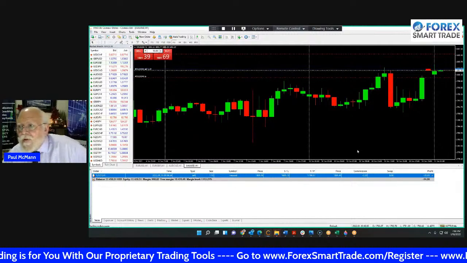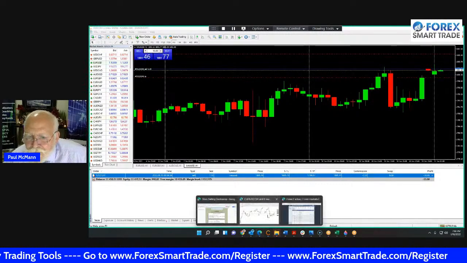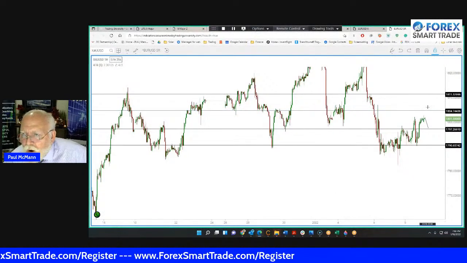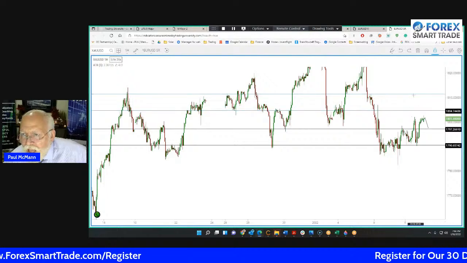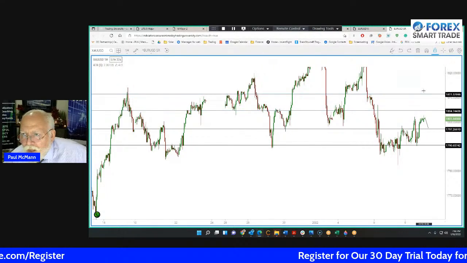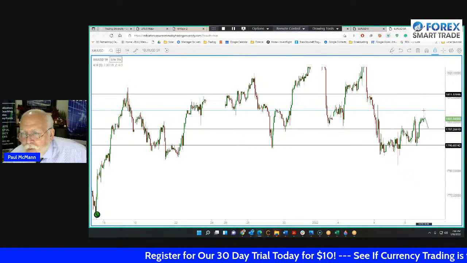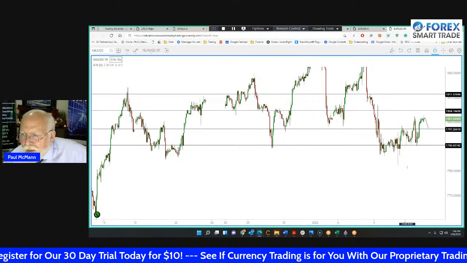So we are above the resistance line. Depending on how aggressive you are, usually when I'm trading on the euro dollar, I will go 2 supports away. So I'll go somewhere up here because I don't want to get stopped out. It has to break 2 resistance lines to stop me out.